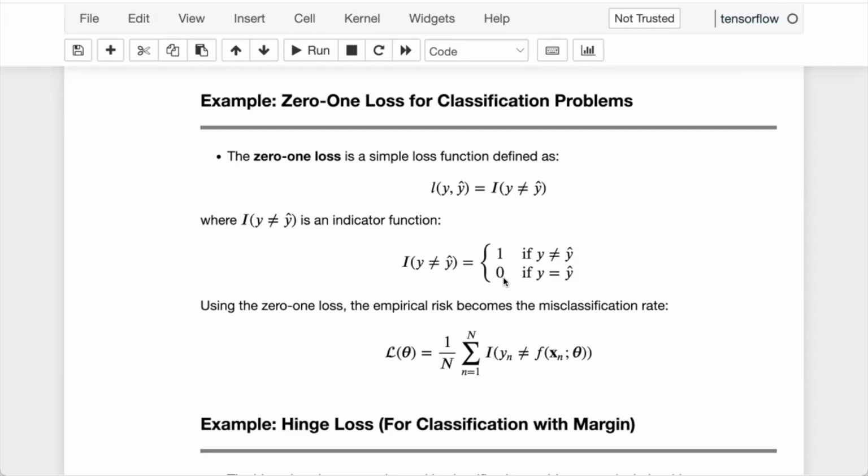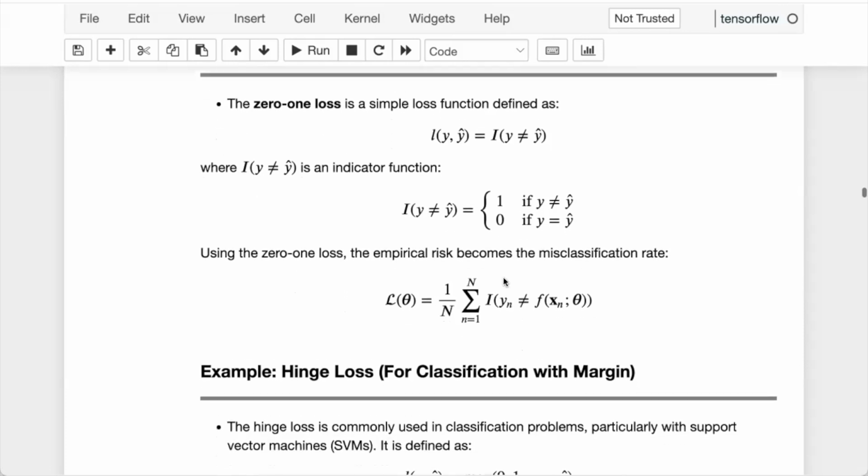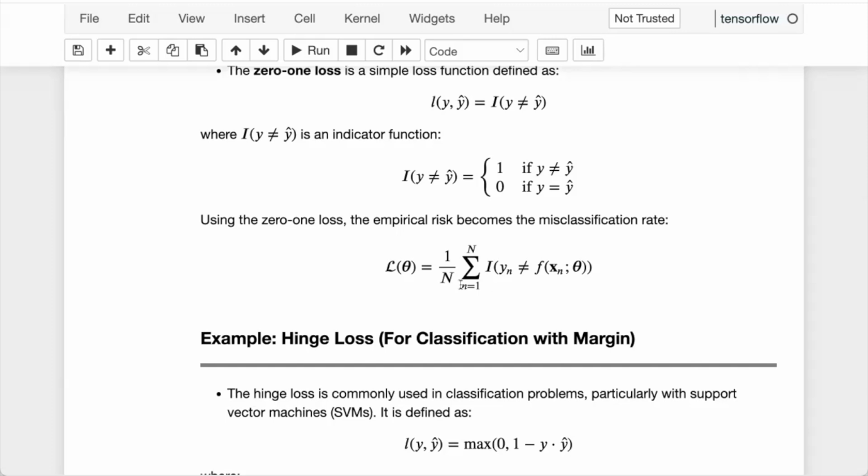So this is very intuitive, right? Anytime you make a mistake, the penalty to pay is 1. And if you make a correct prediction, there's no penalty, so it's 0. Therefore, in this case, this empirical risk that we have is technically the misclassification rate, because you're dividing this sum by the total number of data points that you have.